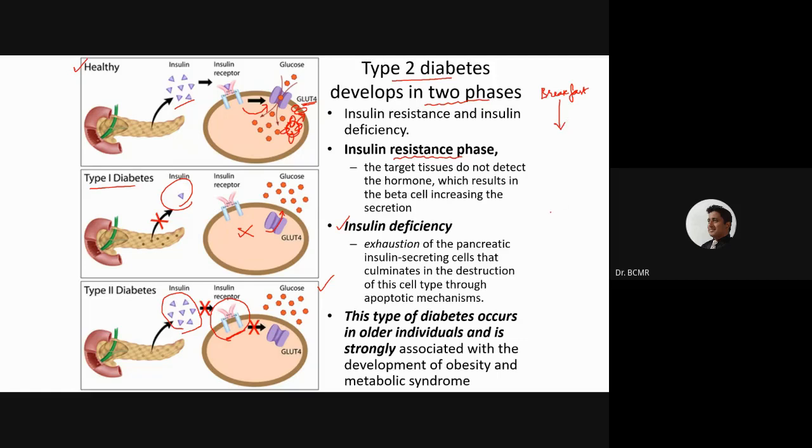Say our lunchtime is around 1 p.m., the breakfast is around 8 a.m., and say dinner is at 8 p.m. We are supposed to have 3 meals. And whatever food we take in should be proportionate to 2 things. One is our metabolic rate, and the second one is our physical activity.